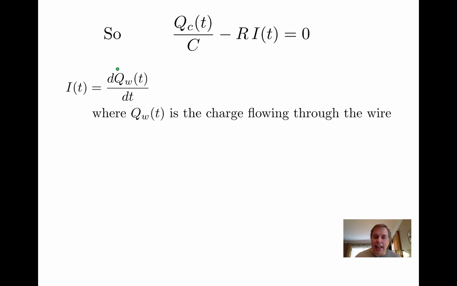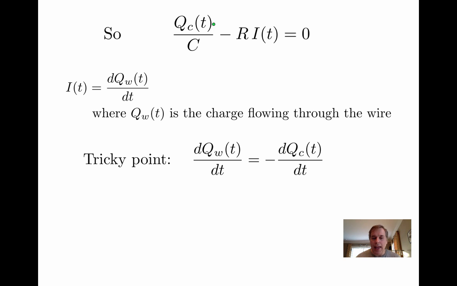Now, the key point is that this charge that flows in the wire is related to the charge on the positive plate, but in a way that is not completely obvious at first. The key relationship is this. The derivative of the charge flowing in the wire as a function of time is equal to minus the derivative of the charge on the capacitor as a function of time. Why the minus sign? The reason is simply this. When you look at dq dt, we're looking at the change with respect to time.